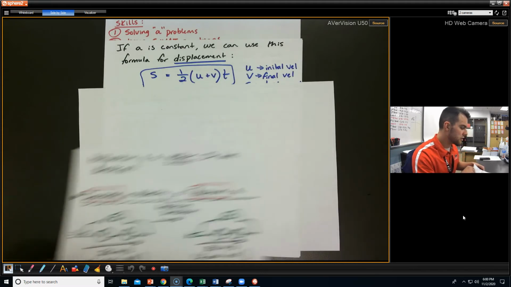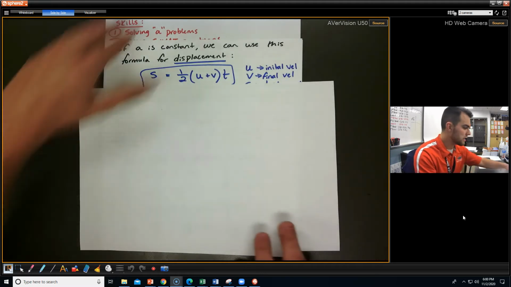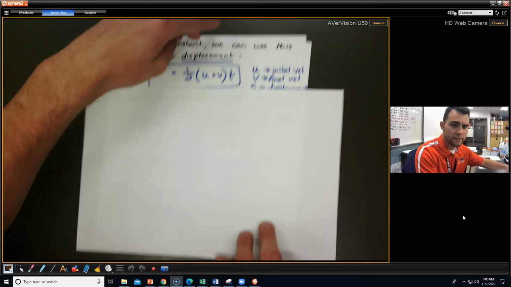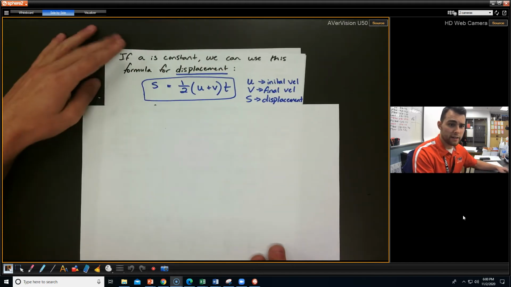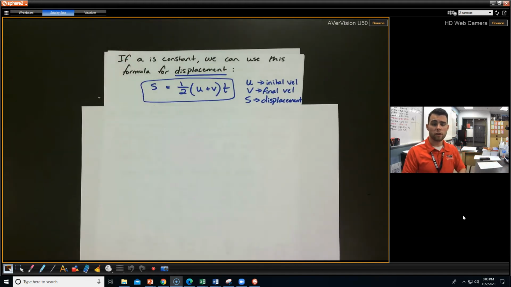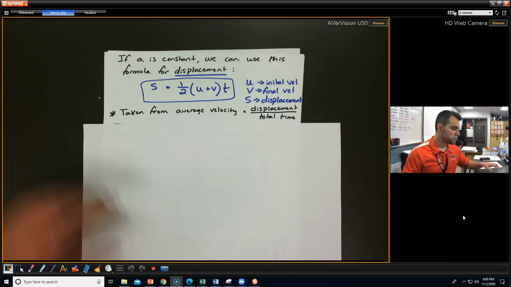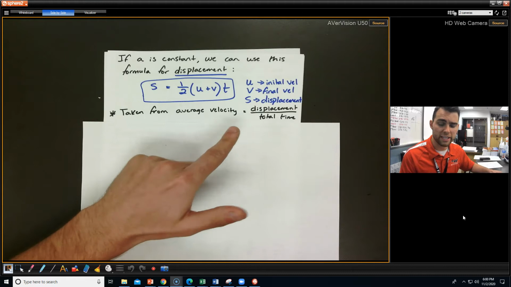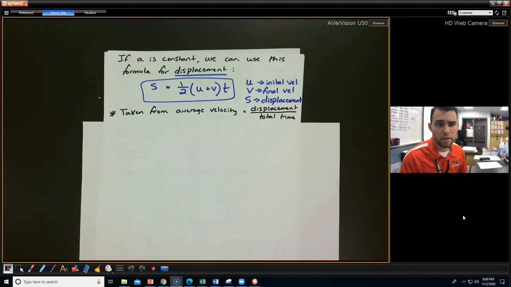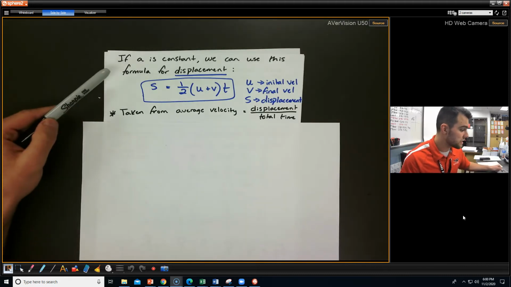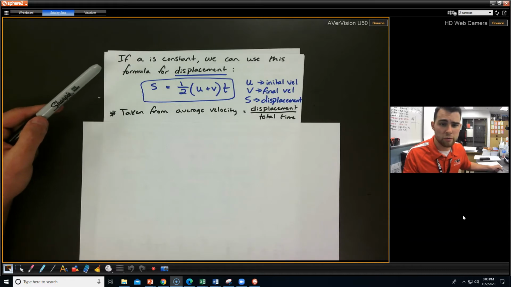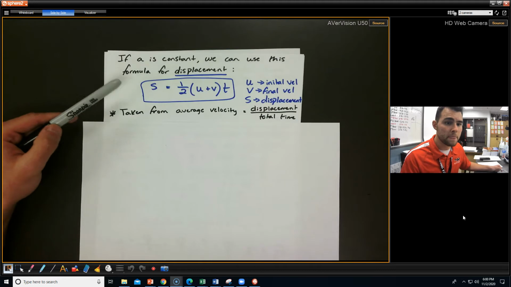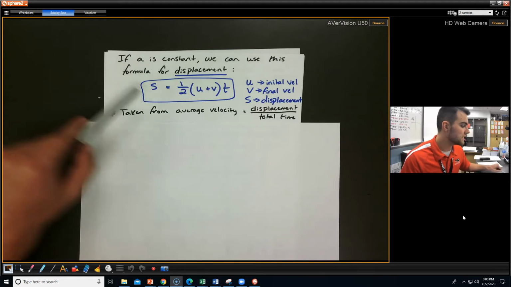There is another equation we can use that we are definitely going to write down. It's an alternative form for displacement, taken from average velocity equals displacement over total time. If a is constant, and really for all these equations we are assuming that acceleration is constant, we can use the formula for displacement.